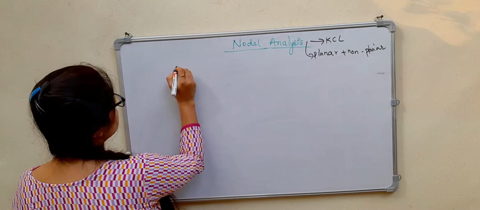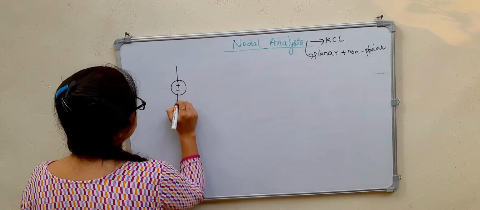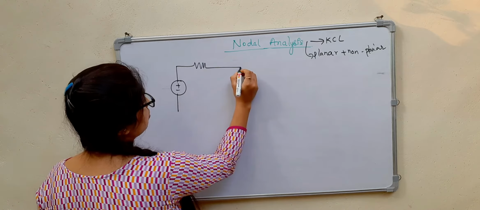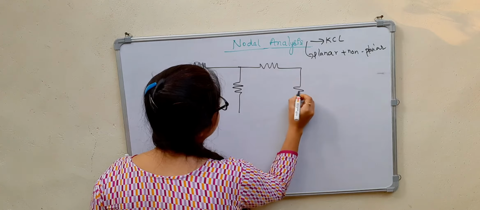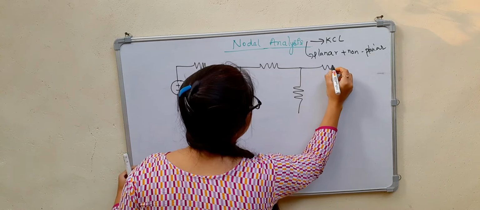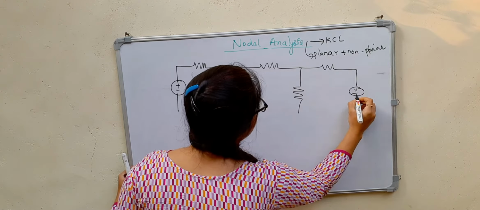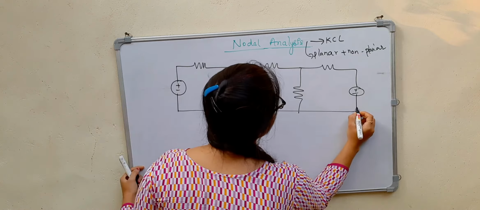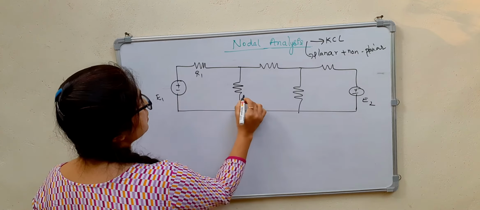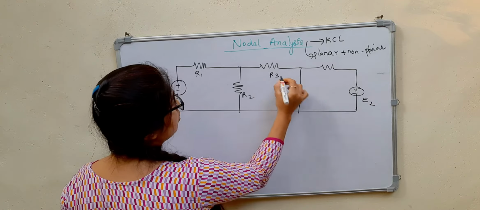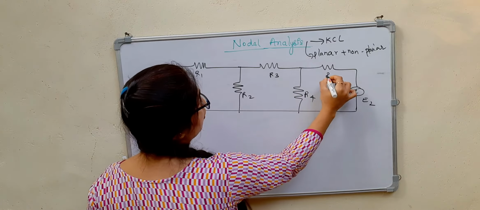If I consider a circuit now, let us consider this as E2, this as E1, resistors R1, R2, R3, R4 and R5.